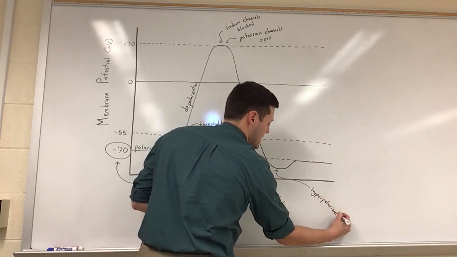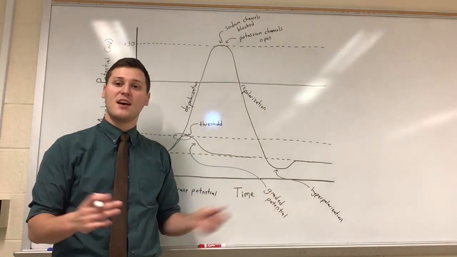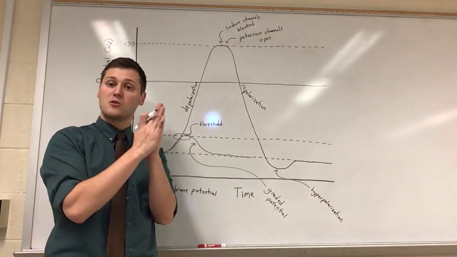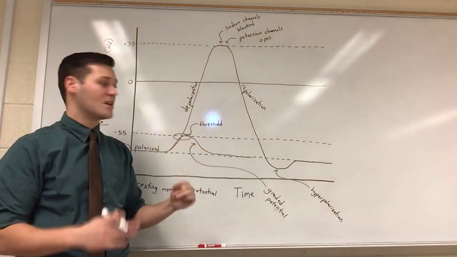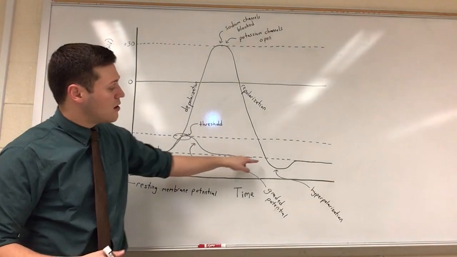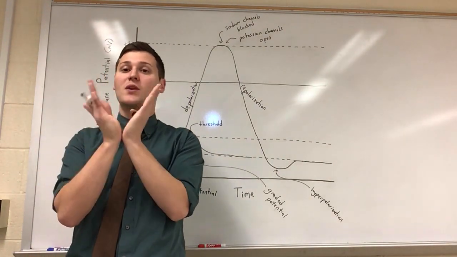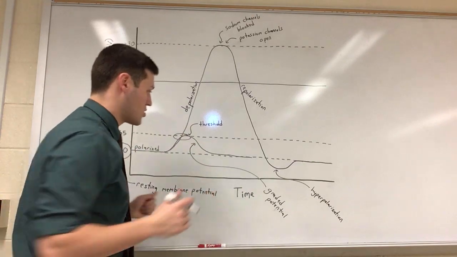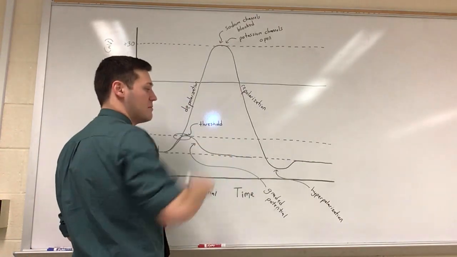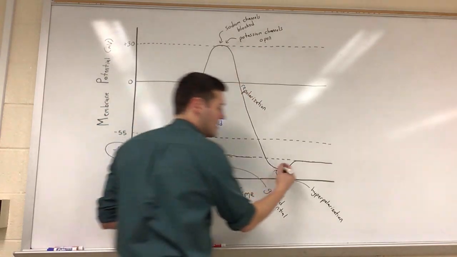It's brief, but we have a brief period of hyperpolarization, and then all channels close once we hit that negative 70. So all channels will be signaled to close, and then we return to our normal state with the assistance of the sodium-potassium pump. So remember, we're pumping potassium back in, we're pumping sodium back out.